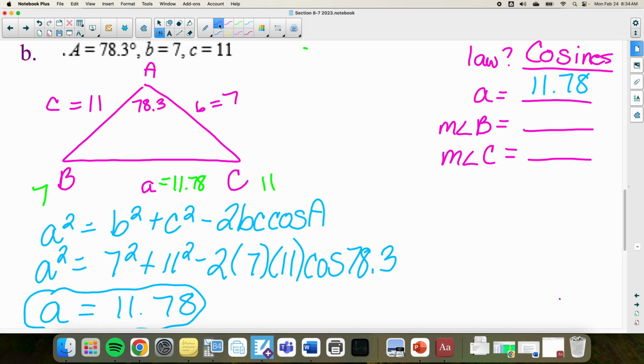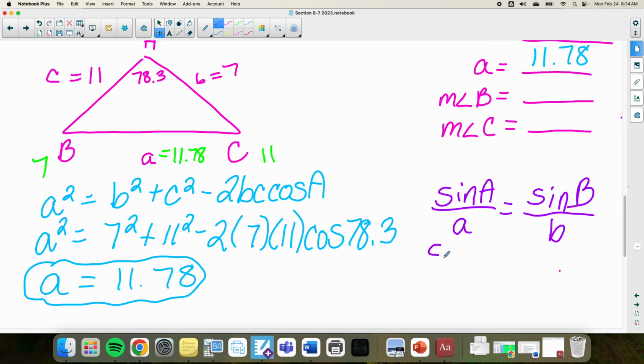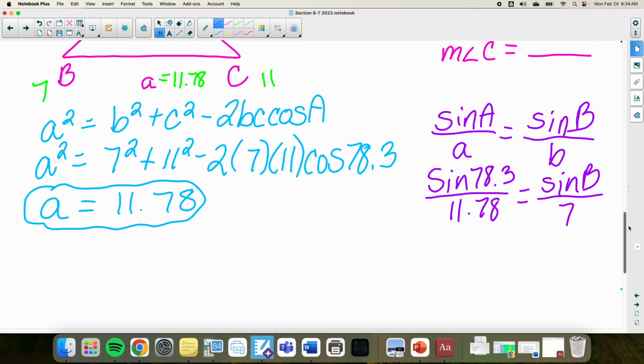So I'm gonna go sine of A over little a equals sine, and we said we have to find B first, so sine of B over little b. So then when I substitute in, angle A is 78.3, little a is 11.78, and we're looking for angle B, so this is still sine of B, and little b is 7.